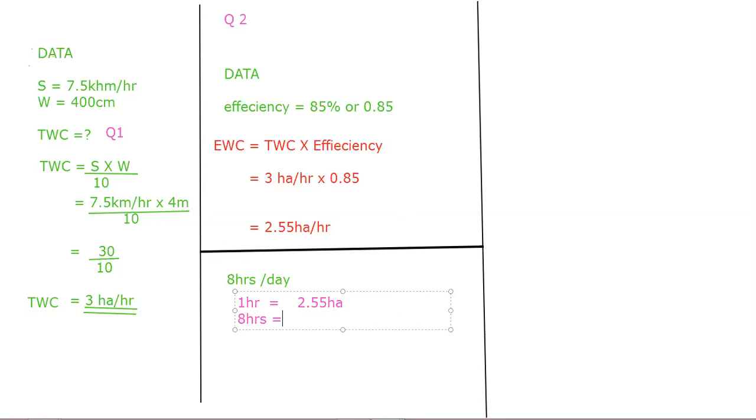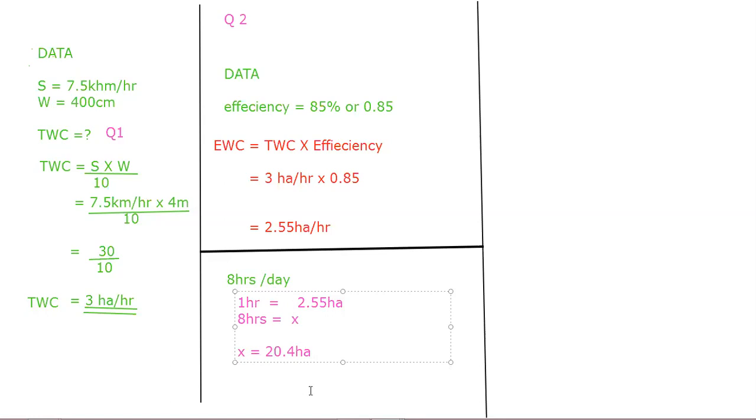What will be the answer there? We're going to put X. Then coming down, we say 8 hours times 2.55, and we're going to have X equal to 20.4 hectares.